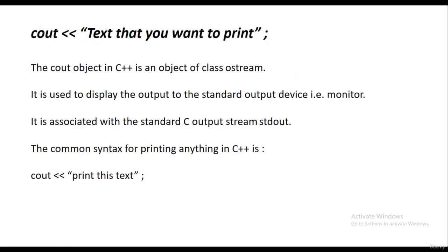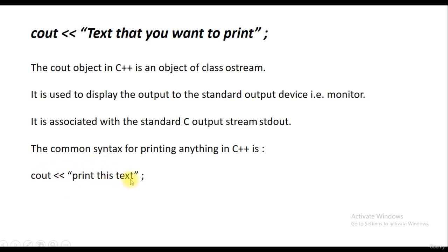Now, as already told, cout we use in C++ to display some text on the screen. Here, this is the general syntax for cout. Every time you want to print anything, it's not just text, you can also print integers or anything else. So what you have to do is just write cout and remember the two angular brackets.